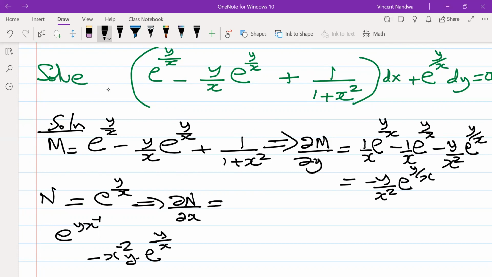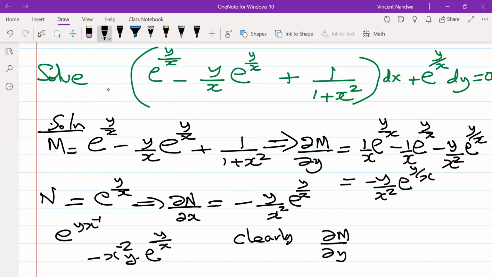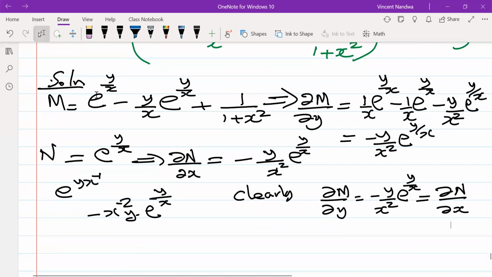This is the same as minus y over x squared, e raised to the power y over x. So clearly, partial M partial y is the same as minus y over x squared, e to the power y over x, which is partial N partial x. So the equation is exact.